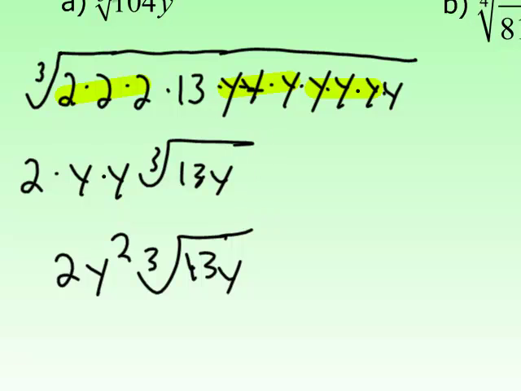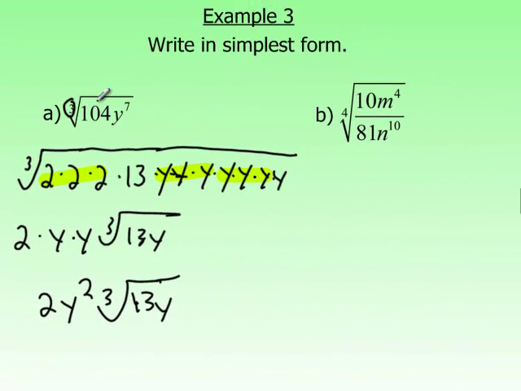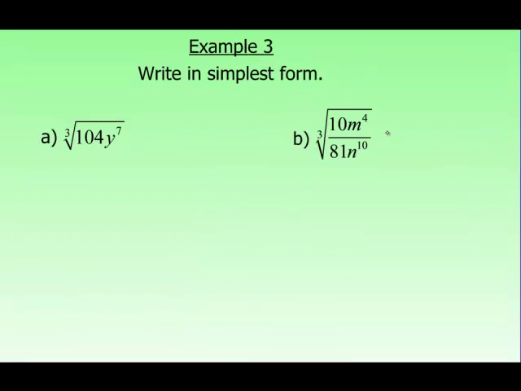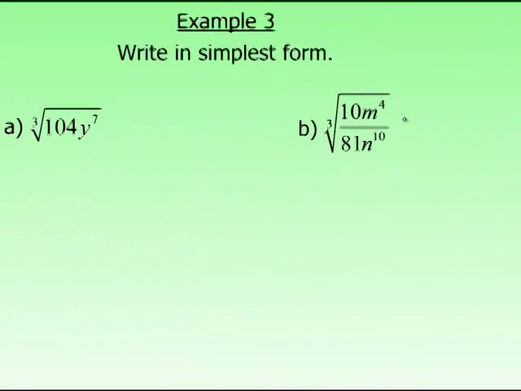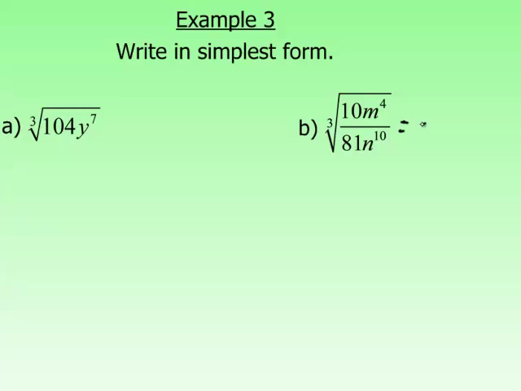Or we could simply say, for the variable, how many times does 3 go into the 7? It goes in there 2 times with 1 left over. So we don't have to write out the y's all the time like that. For B, I'm going to go ahead and break this up into 2 separate cube roots.